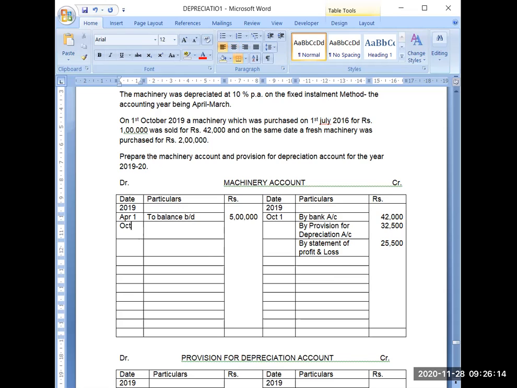So first we will do the purchase entry, October 1 to bank account, and the amount is 2 lakh. So we have purchased this machine.